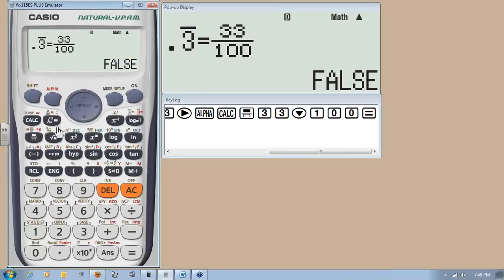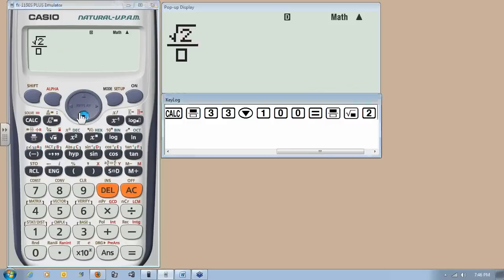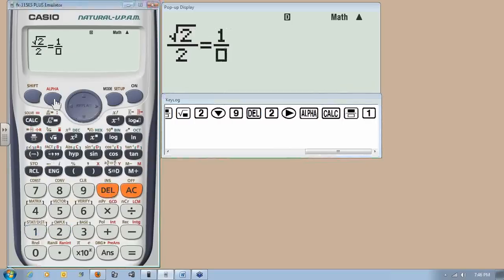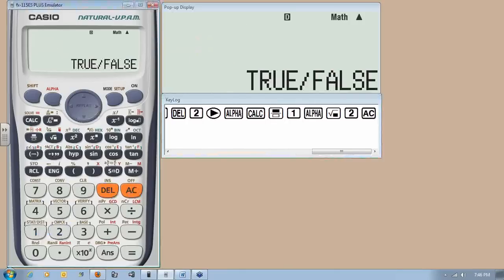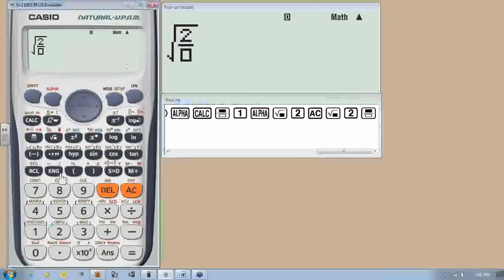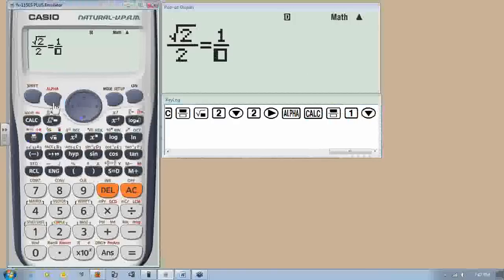Is the square root of 2 over 2 the same as 1 over the square root of 2? Oh, I got the wrong one there. Whoops. Let's do that again. Square root of 2 over 2. Here you go. Square root of 2, the same as 1 divided by the square root of 2.